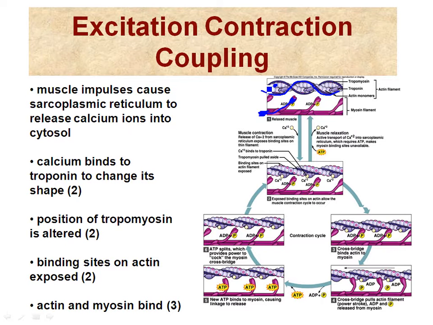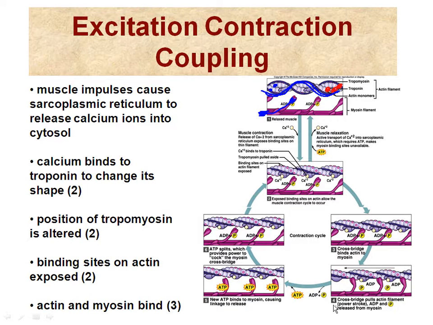The binding sites are important because that myosin head that's lying back like this wants to attach to those binding sites, but it can't do so as long as that tropomyosin is covering them. And then you have a little 3-protein complex known as troponin. Troponin holds tropomyosin in place so that binding site stays covered.